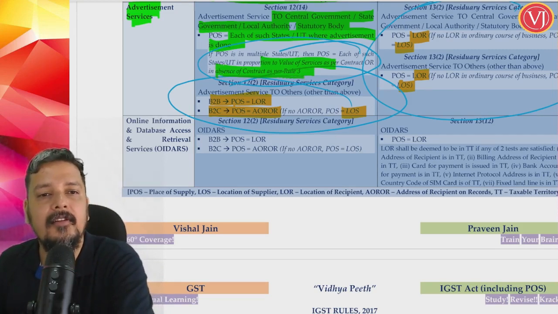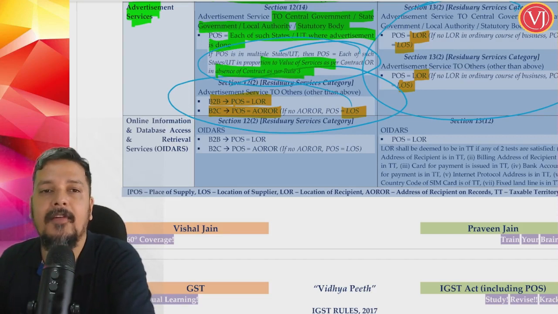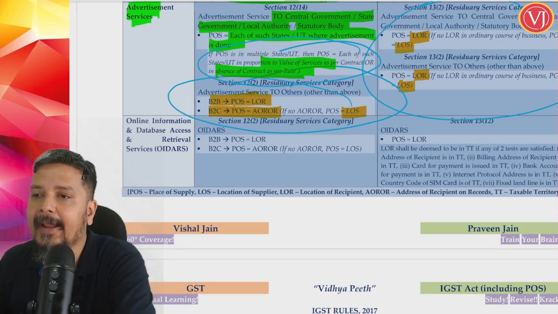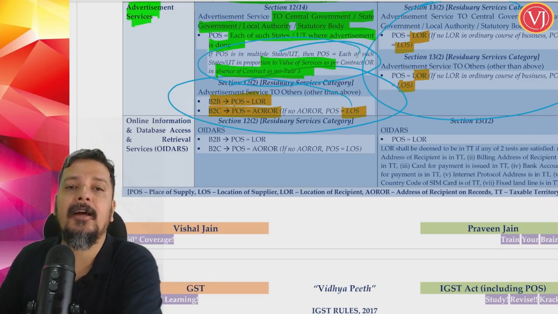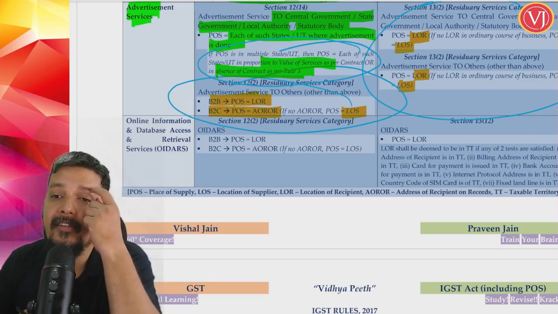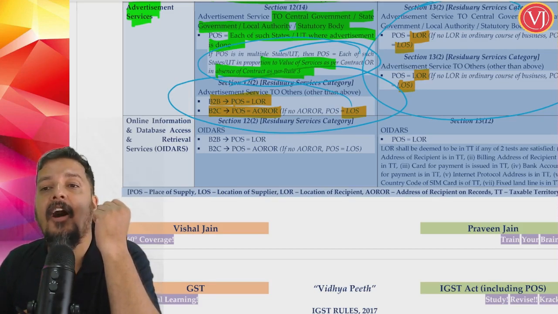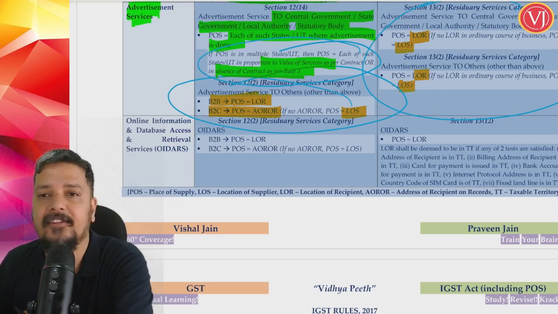Which means the supplier will have a big headache. The supplier of advertisement services to government will always have a big headache because there will be multiple places of supply. For one value, you will have multiple places of supply. Take the broadcaster of the advertisement of, say, the Delhi government, for example any television channel.